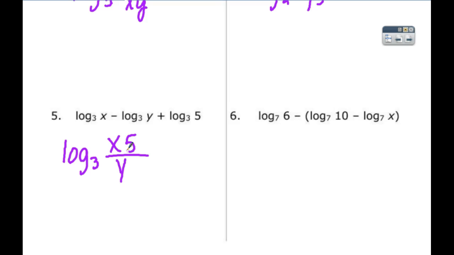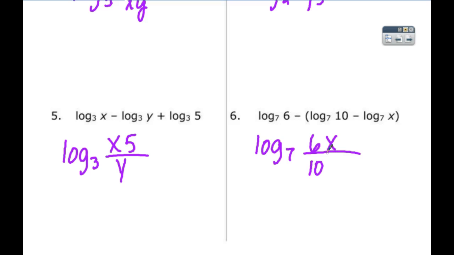Okay, it is easy. So where does the 6 go? Top. Where does the 10 go? Bottom. Where does the x go? Top, because minus the minus is a plus, and that goes on top.